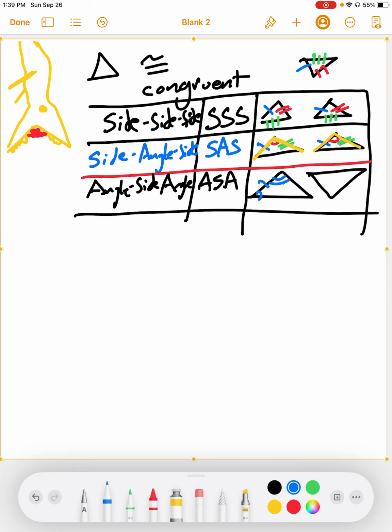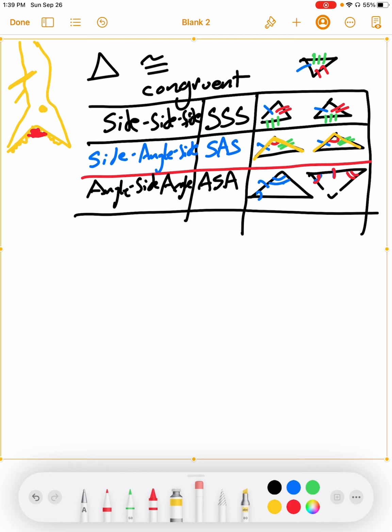Okay, so if this other one was angle, side, angle, that would not be congruent to the other triangle. They have to be lined right up. Angle, side, angle. Okay, so that's when you would have a congruence there. Okay, so make sure the angle, side, angles are lining right up.